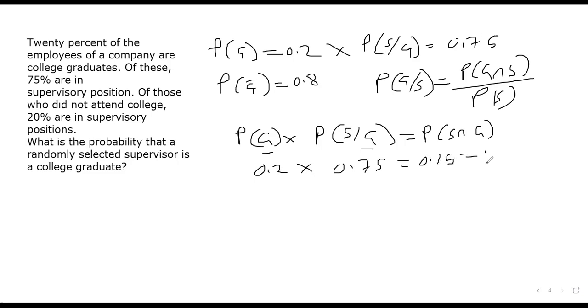So this is the probability of S intersection G. Now, we're interested in finding the probability of S. So we also need to find the probability of G. What's the probability of, okay, so far before I proceed, are we together?